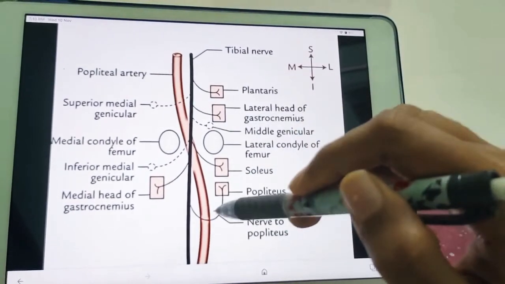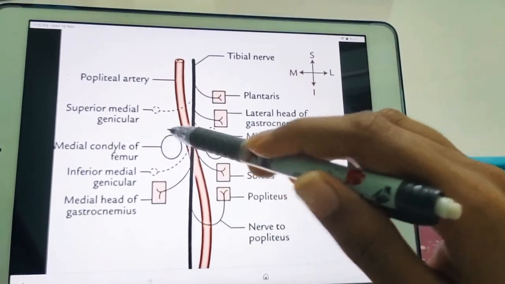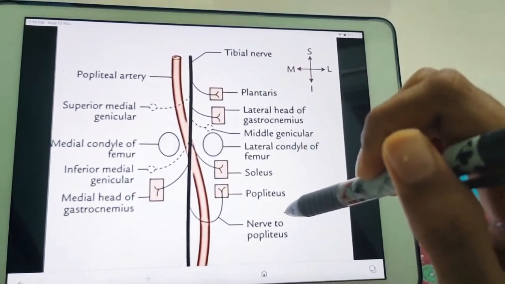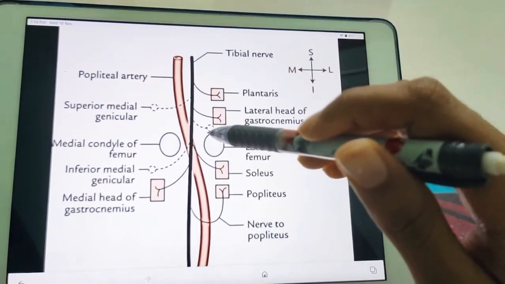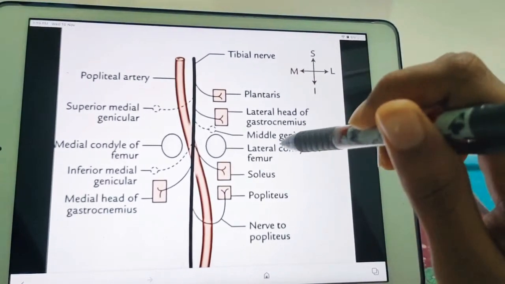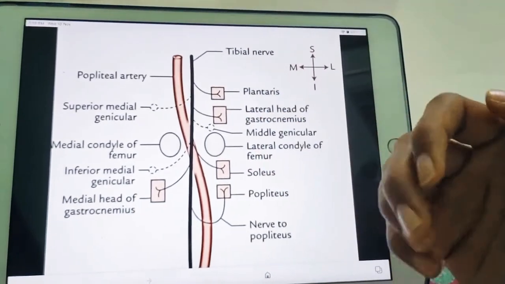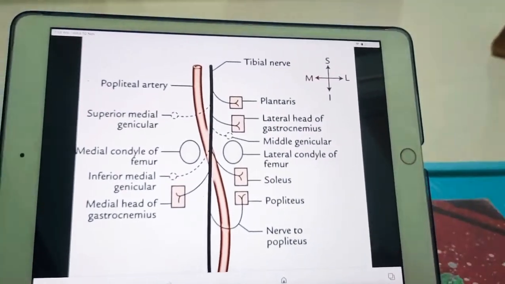So these are all the genicular branches: superior, middle, and inferior. Three branches. So these are the three genicular or articular branches.